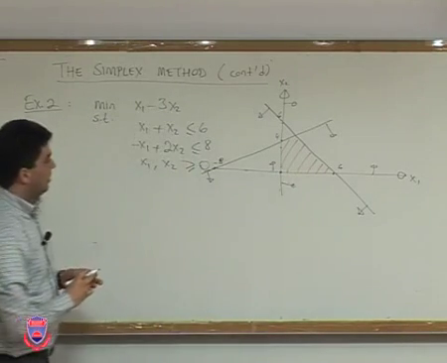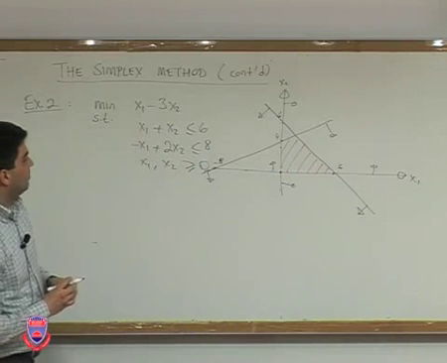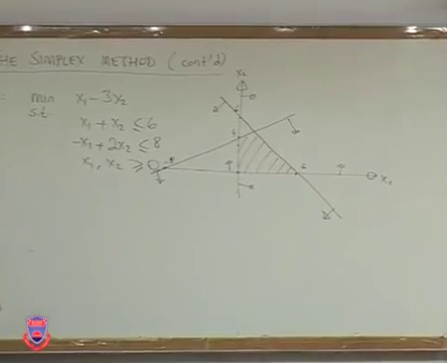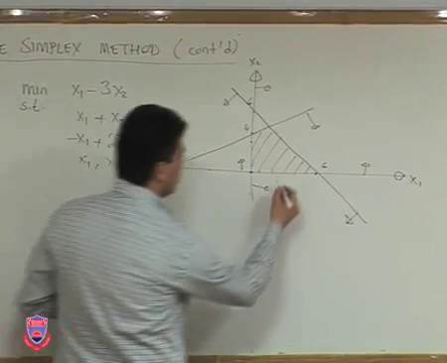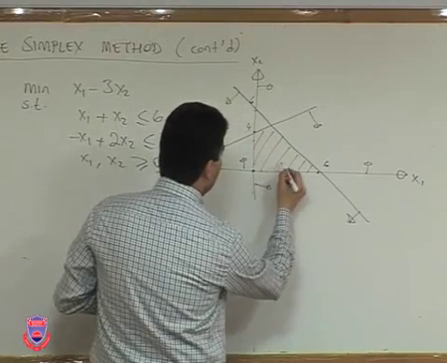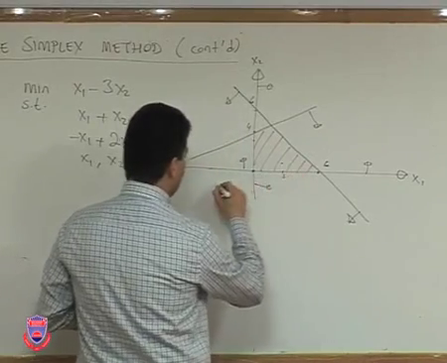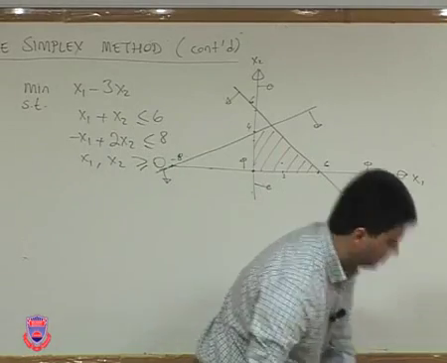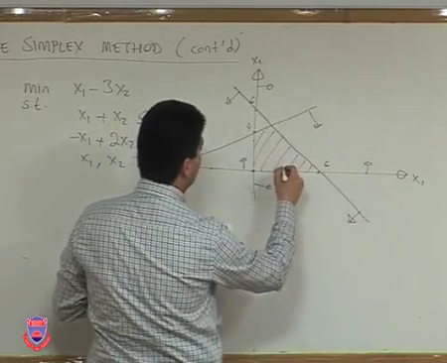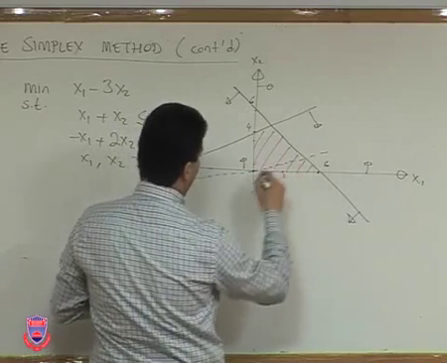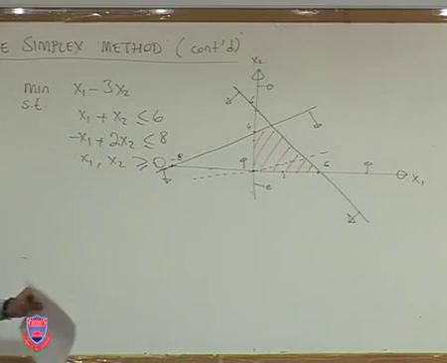I'm going to need one more point: if x1 is equal to 3, x2 should be equal to 1. So 3 is somewhere over here, and 1 is somewhere over here, and the line goes through these two points.